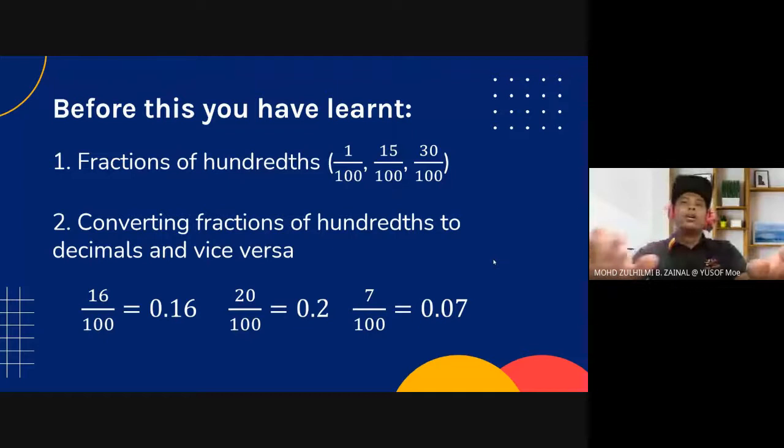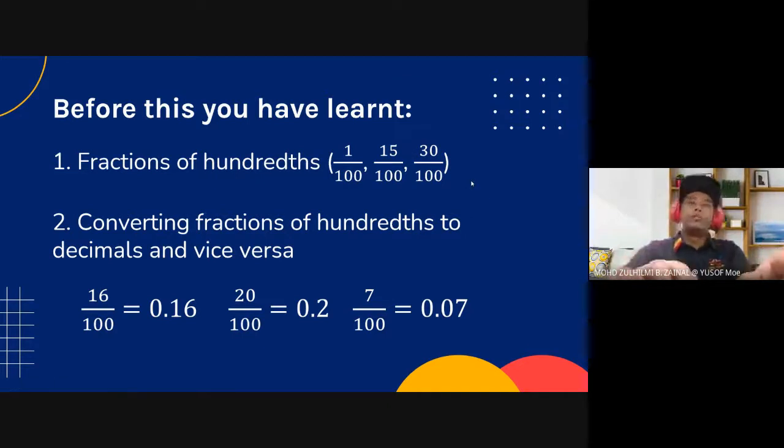Okay, so before this we have learned fractions of hundredths, which is 1 over 100, 15 over 100, 30 over 100. We call it 1 of hundredths, 15 hundredths, 30 hundredths. Macam tu kita panggil dia.